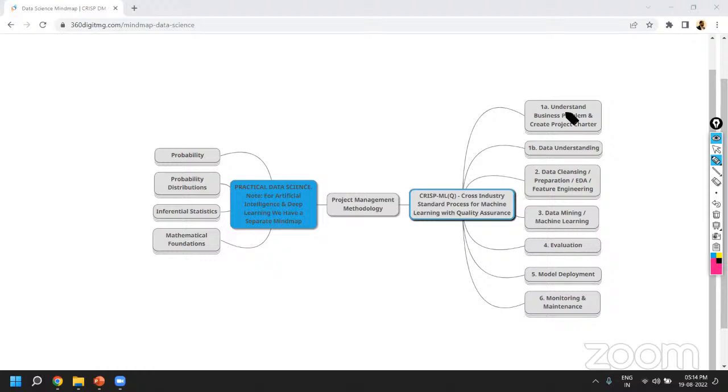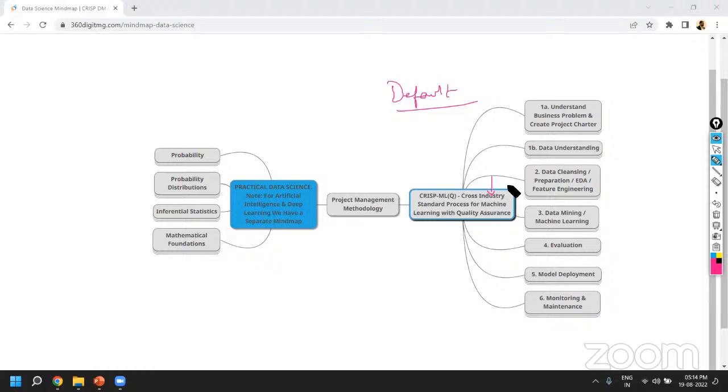This basically means the series of steps that we are showing here are going to be the de facto steps for data science and analytics related projects, irrespective of what industry we are talking about.